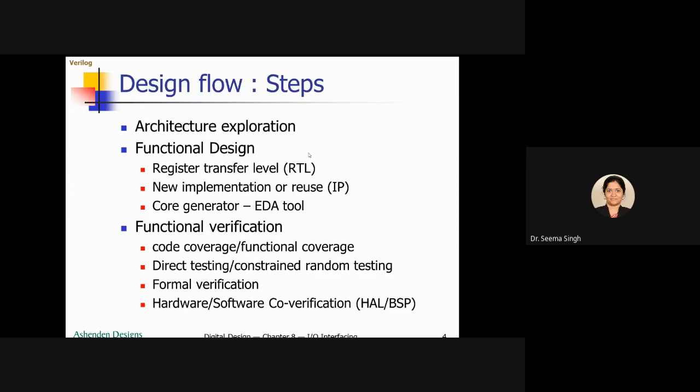What is the benefit of this? The benefit of reuse is that it saves design time, and if the IP has been specifically developed for reuse, that means it would have already been thoroughly verified. If something is available under IP, the person who has done it before has thoroughly verified it. So it will save our effort of verifying it again. It is a well tested, verified design which we can use under IP.